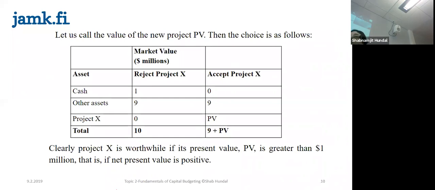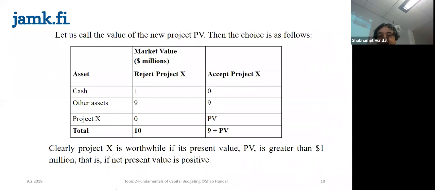When you calculate this present value today, you find that the total of this side is bigger than the total of this side. So if you accept the project, the value of the company would be higher than when you don't do anything. Then you are in a position to justify that this project is worth undertaking.